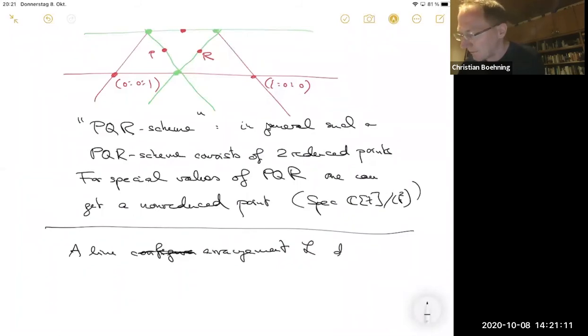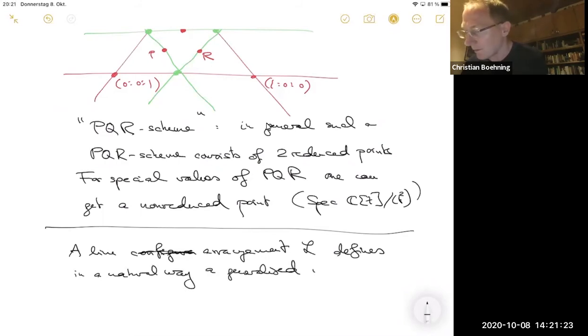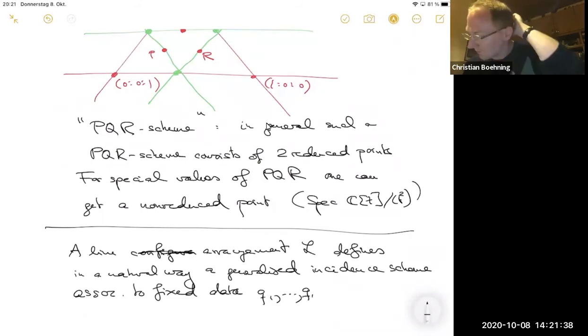If I'm given an arrangement of lines L, then this defines in a natural way a generalized incidence scheme which is associated to fixed data, just the coordinate points, Q1 up to Q4.